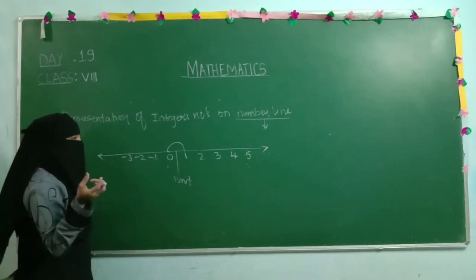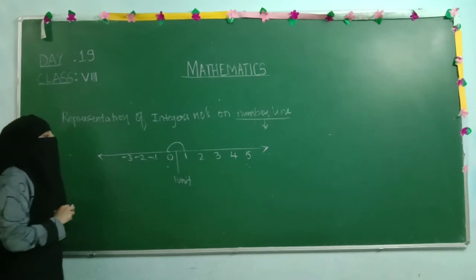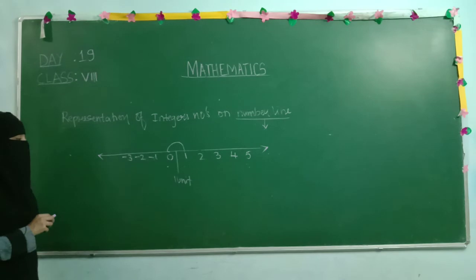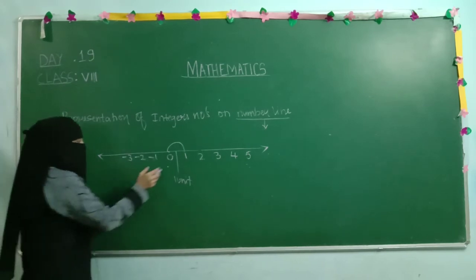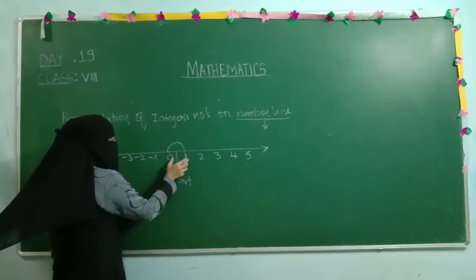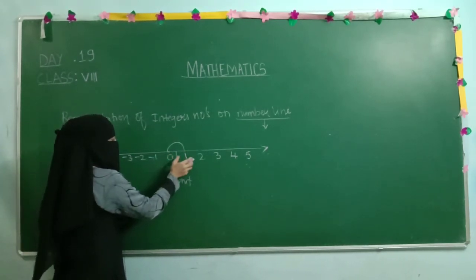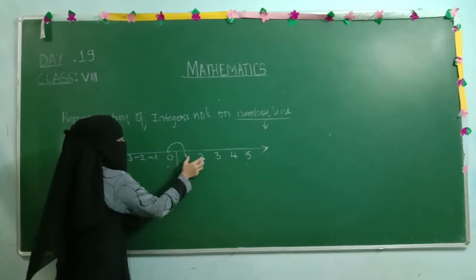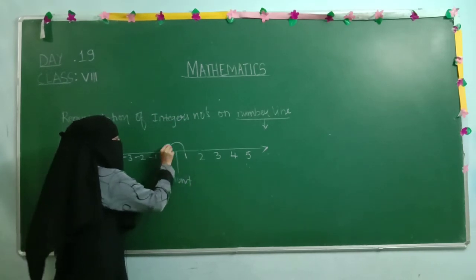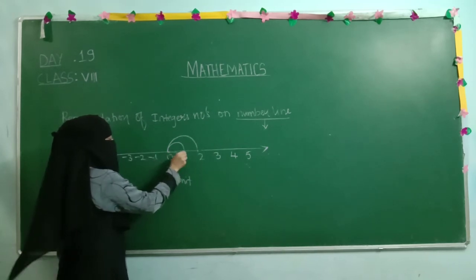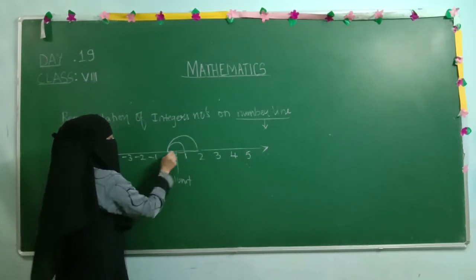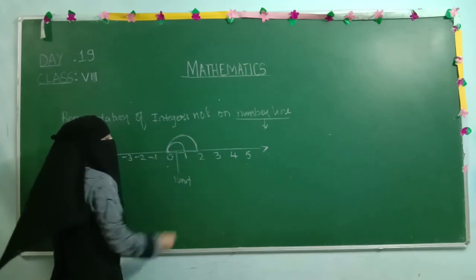With a scale we can measure small lengths, and it shows the measurement in terms of centimeters. So 0 to 1 is called 1 centimeter, or 1 unit. Now 1 to 2 is completely 1 unit. If you are talking about 0 to 2, it is 2 units, because 0 to 1 is 1 unit and 1 to 2 is another unit. Altogether 0 to 2 is 2 units.